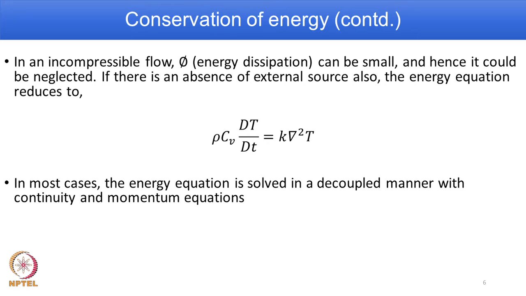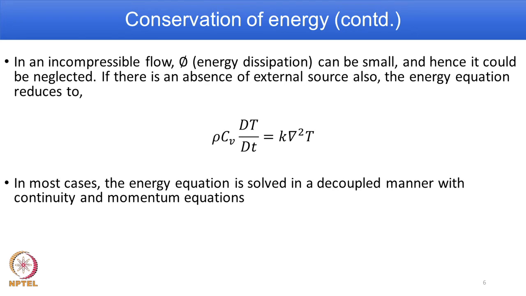So, whether you solve the energy equation in line with the momentum equation or not is a question. For most situations, the energy equation is solved in a decoupled manner with the continuity and momentum equations. Well, what is the meaning of decoupled?